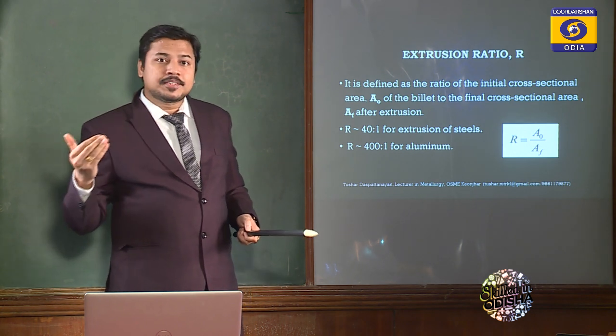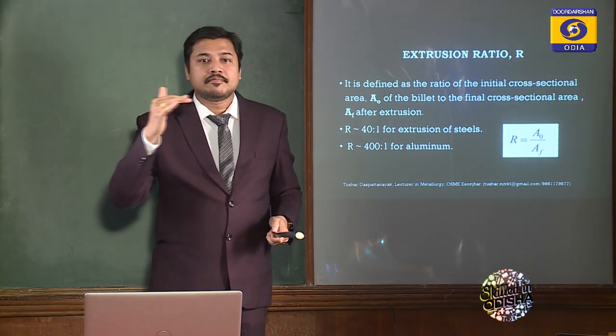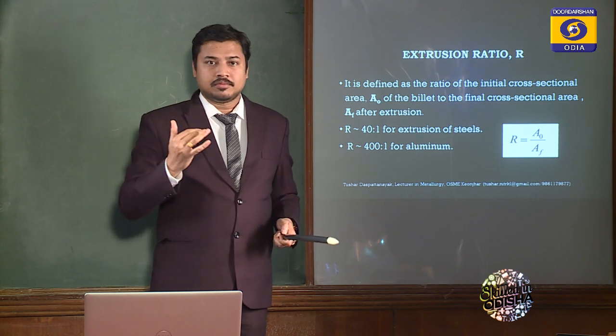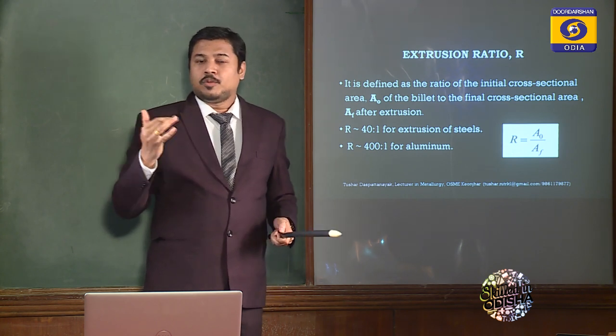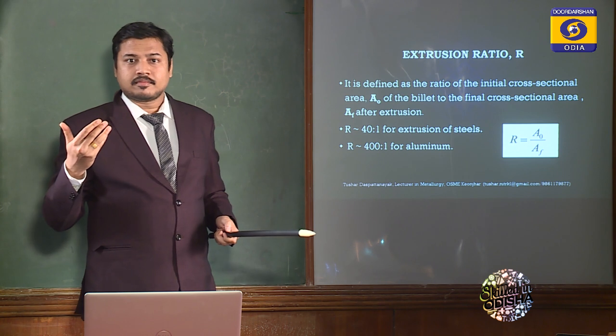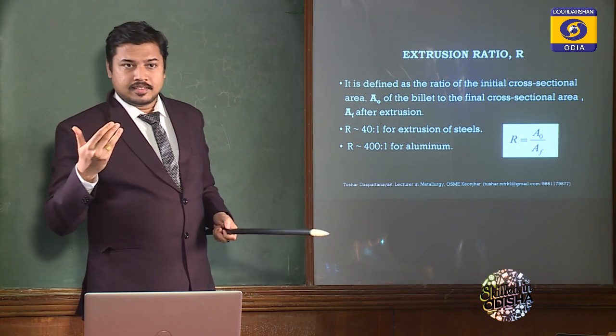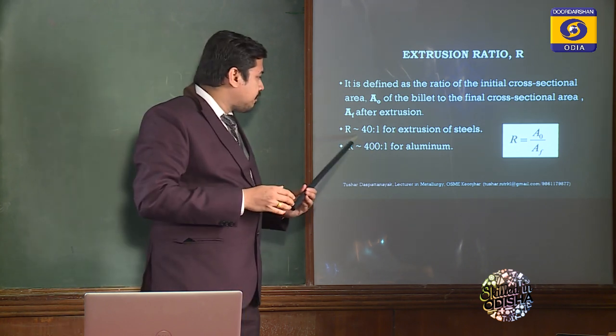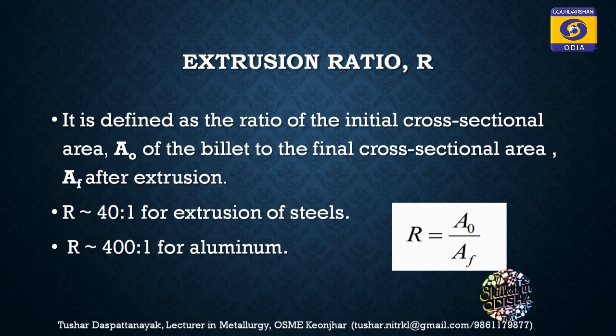Then what will be the extrusion ratio? That will be 5 divided by 2, that is 2.5. I have given some examples. For steel, extrusion ratio R will be 40:1 or 40. For aluminium, it is 400:1. Okay, we'll go to the next slide.